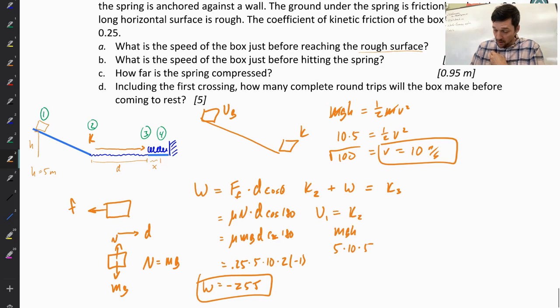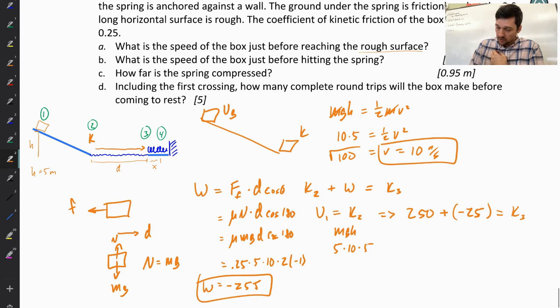So that's 5 times 5, 25 times 10 is 250. All right, so kinetic energy is 250 joules plus the work being done, which itself is negative 25 joules. And that is going to give us the resulting kinetic energy at the moment that it hits the spring.